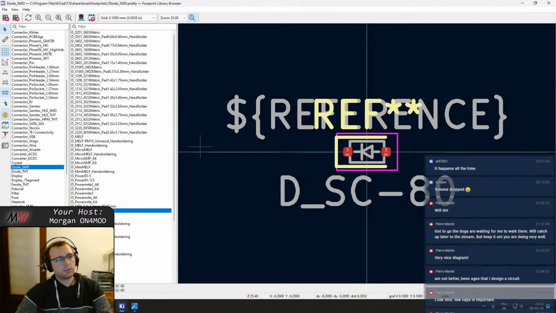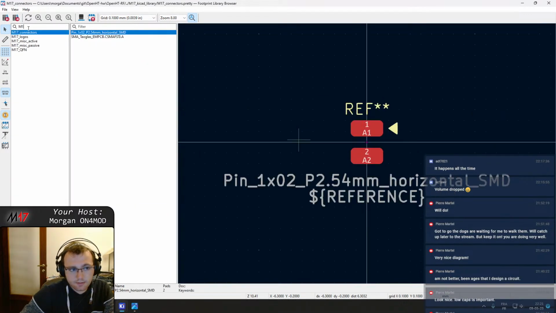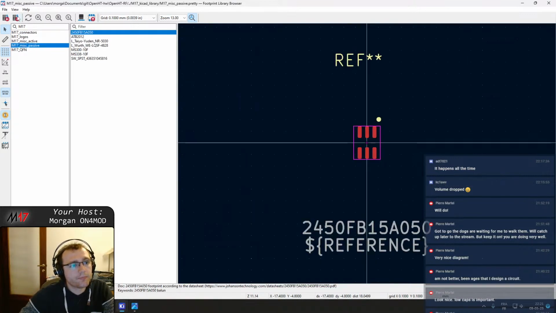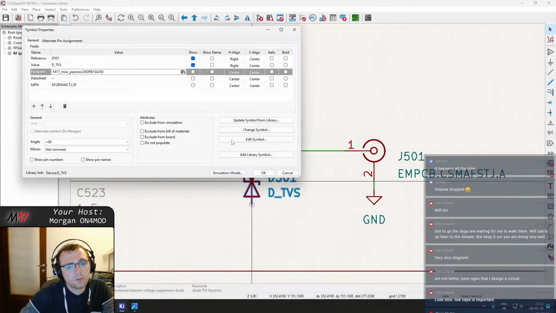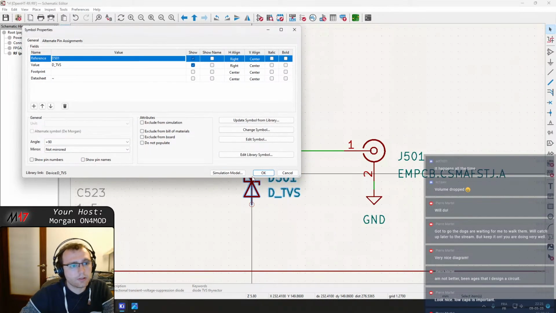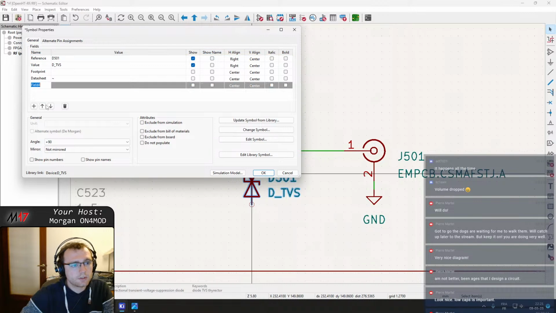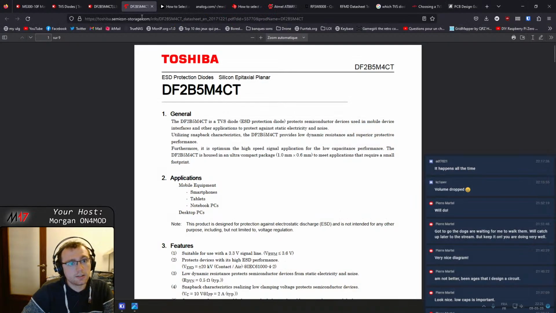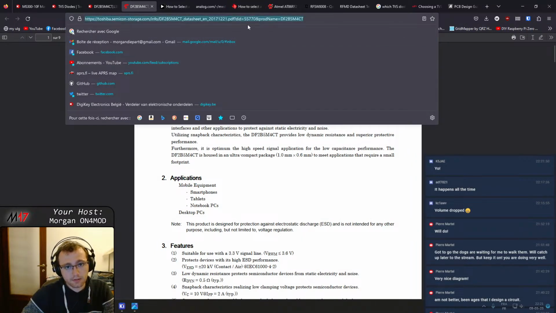Okay, so as usual, let's create one. No, not that one. Okay, command datasheet, let's copy paste.